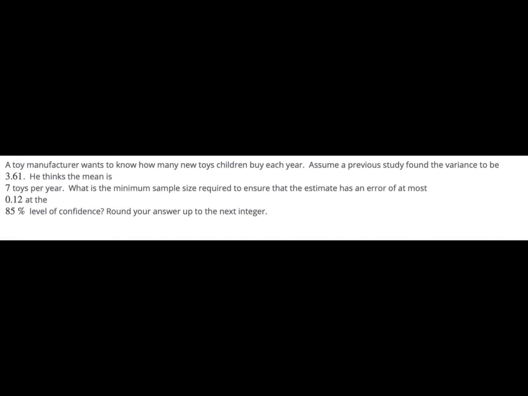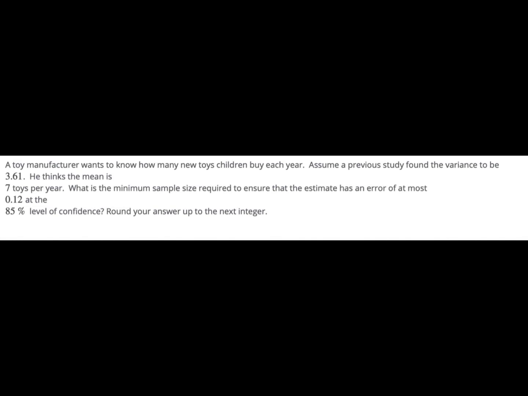They have said to assume that the variance is 3.61. If you square root that, you get the standard deviation for the population. And he thinks the mean is going to be 7 toys per year. What is the minimum sample size required to ensure that the estimate has an error of at most 0.12 at the 85% level of confidence?